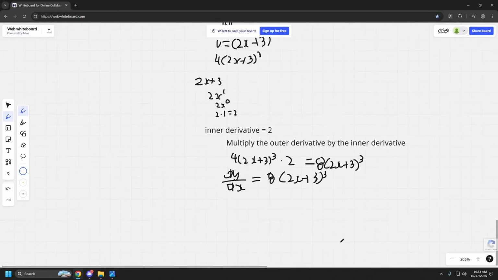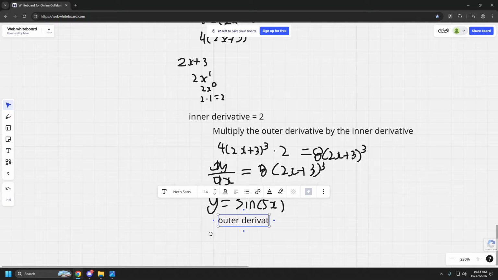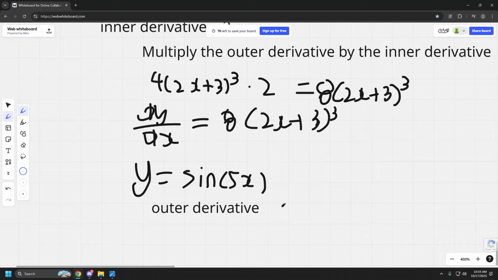For the next example, we'll be differentiating a trigonometric function. I know that many people have issues with this, so I'll try to make it as easy as possible. The first thing you want to do is differentiate the outer function, because we're using the chain rule. So the outer derivative would just be cos 5x.